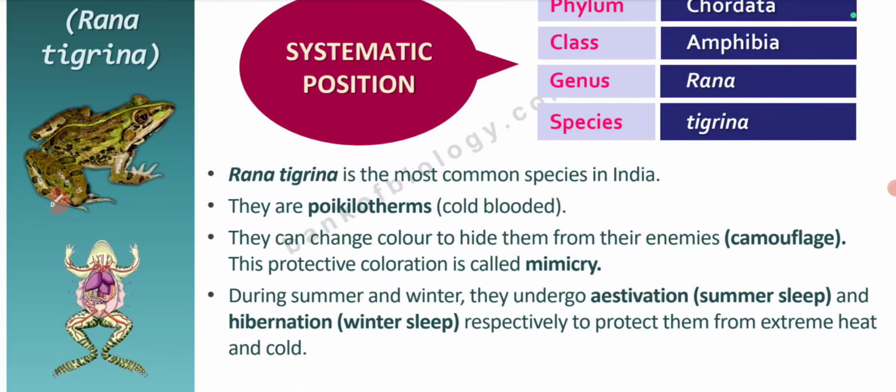So estivation means summer sleep, hibernation means winter sleep. Camouflage means they change color to hide from their enemies, and mimicry means protective coloration matching the environment. Poikilotherms means cold-blooded organisms.